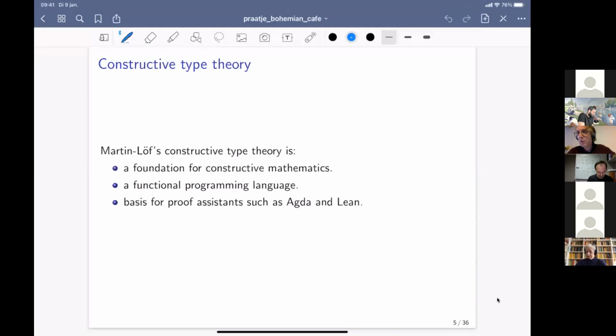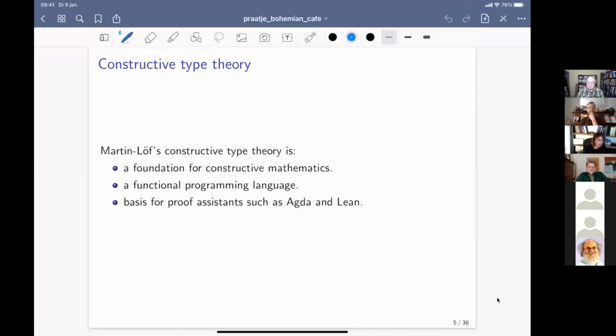It has also been implemented, so it is the basis of proof assistants. You can use it to verify mathematical proofs. It is at the basis of Agda, which is very close to Martin-Löf's intentions, or Lean, which also uses dependent type theory at its basis.